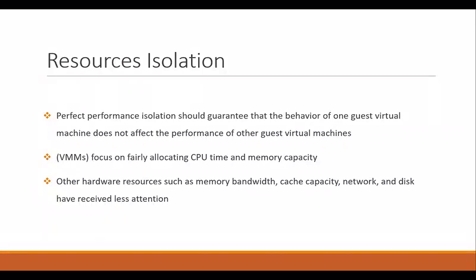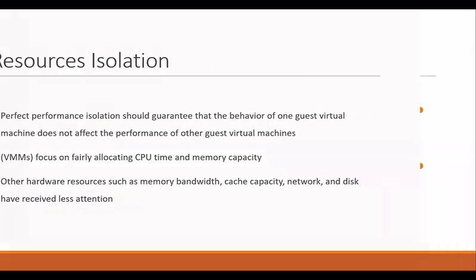But there are a lot of other resources for which they don't do a good job of achieving isolation, like the memory bandwidth, the cache capacity, or the network and disk. And this makes it possible to mount some sort of attacks, like the one we have for today.